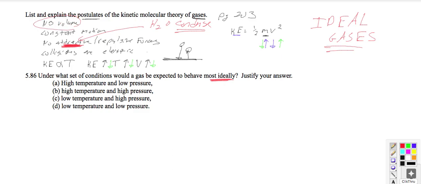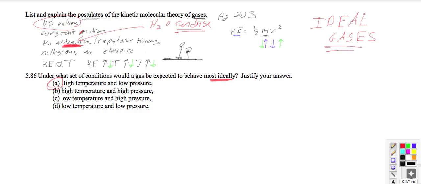So if we think about it here, if we have a circumstance where we have high temperature and low pressure, those gas molecules are going to be moving very, very quickly. So they aren't going to have time to attract to each other. And if they have very low pressures, that means that the gas molecules are going to be very, very far away from each other. So no volume.